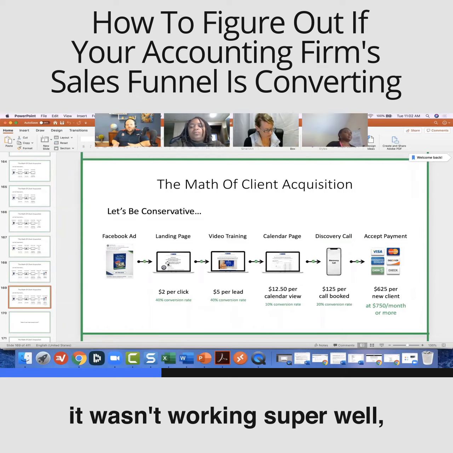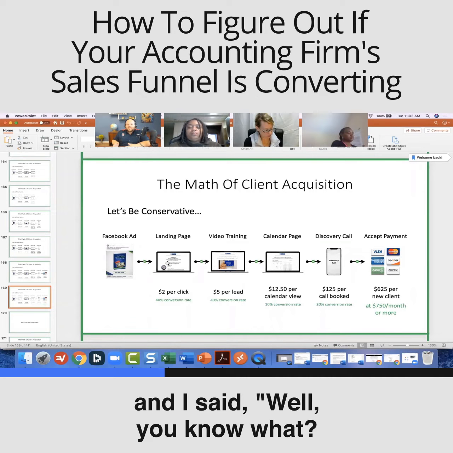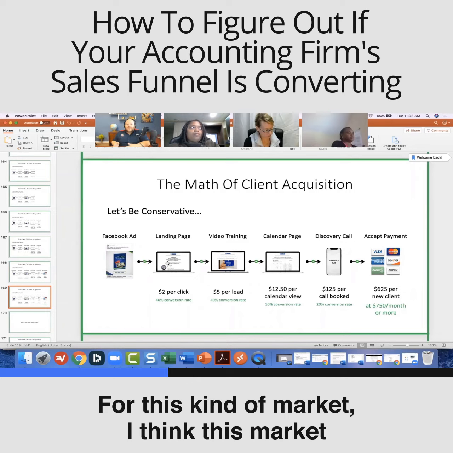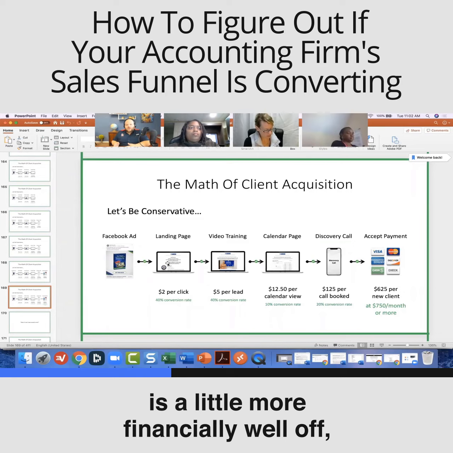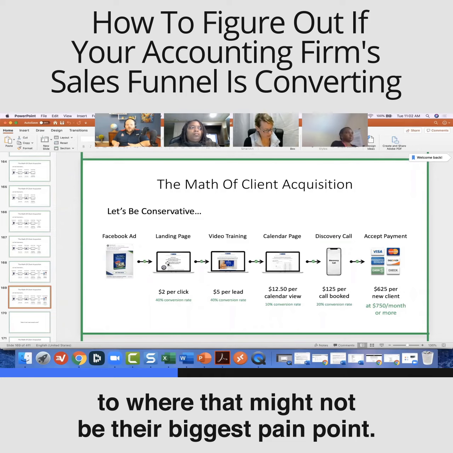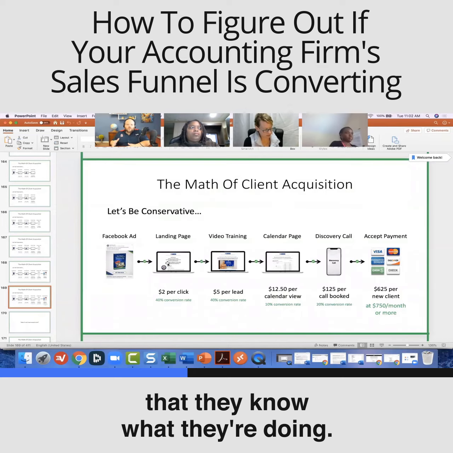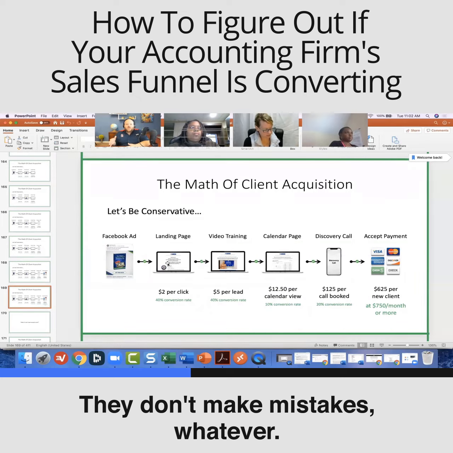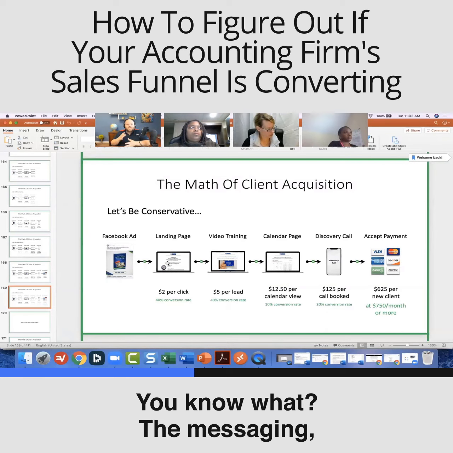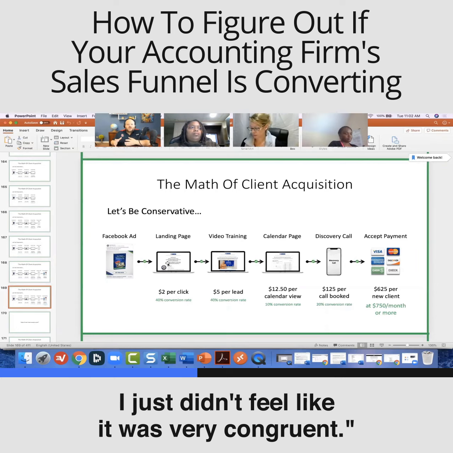It wasn't working super well. And I said, well, you know what? For this kind of market, maybe this market is a little more financially well off to where that might not be their biggest pain point. They might have it in their heads that they know what they're doing. They don't make mistakes, whatever. The messaging, I just didn't feel like it was very congruent.